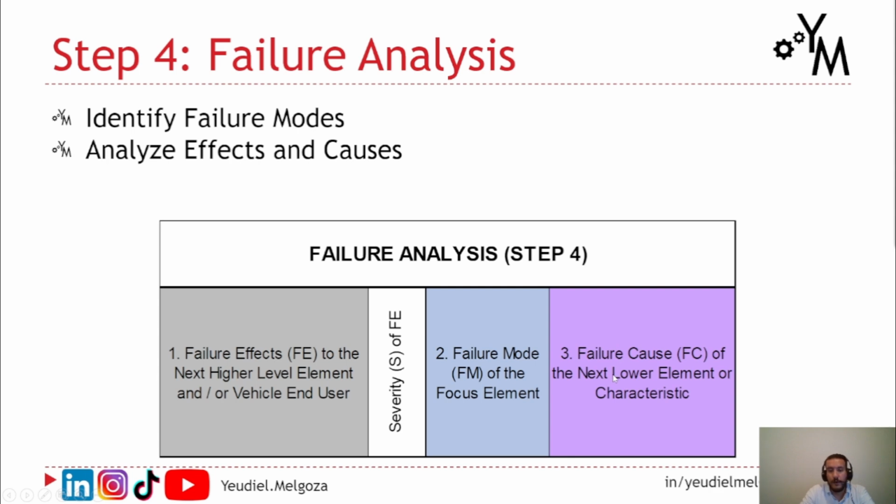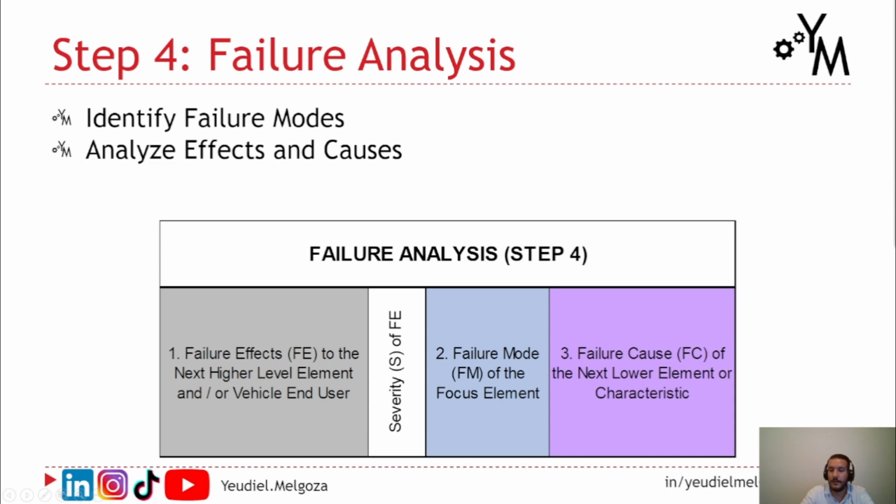A failure effect is the consequence of a failure mode. So first we are going to analyze this and later this. A failure cause is an indication of why a failure mode could occur. Analyzing failures involves identifying how the focus elements detailed during the structure analysis may fail to perform intended functions documented by the function analysis.